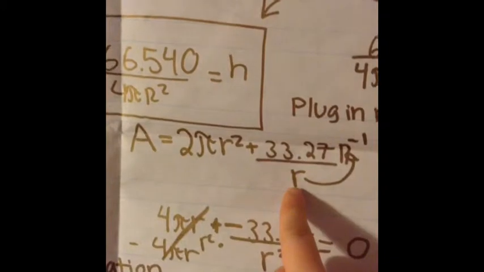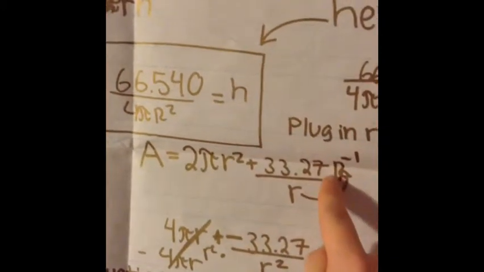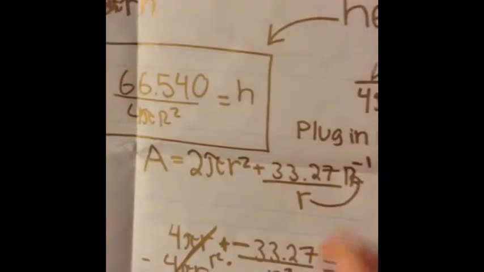Now you want to get r by itself. So take the derivative, move that r up here because you can't take the derivative with that denominator. It'll just be way easier if you put r up here, r to the -1, and start working it out.